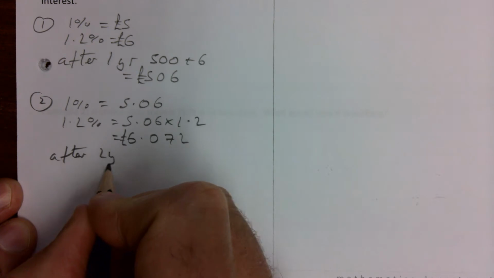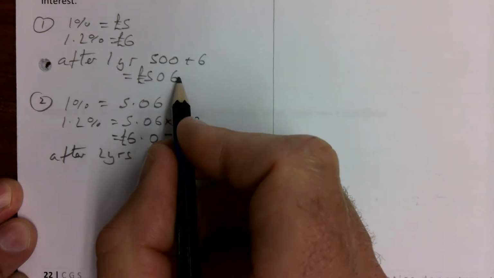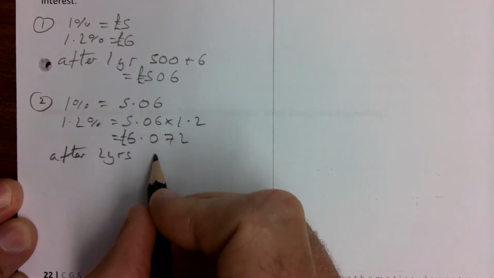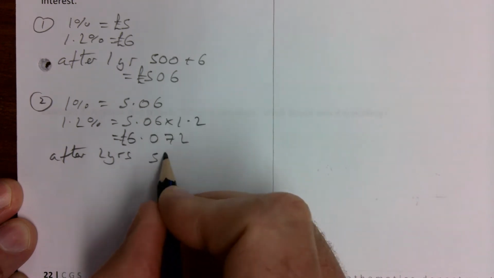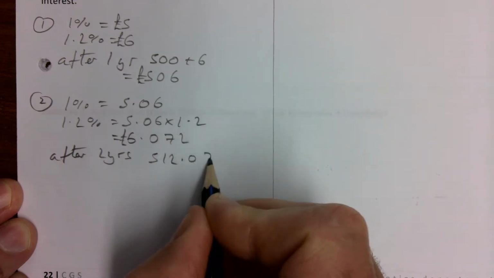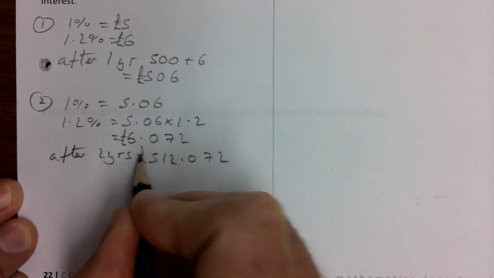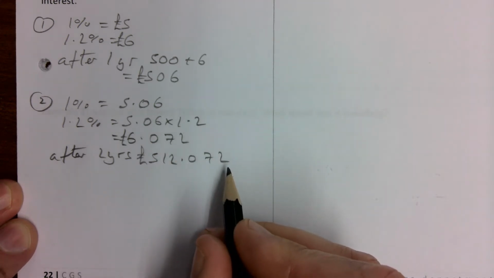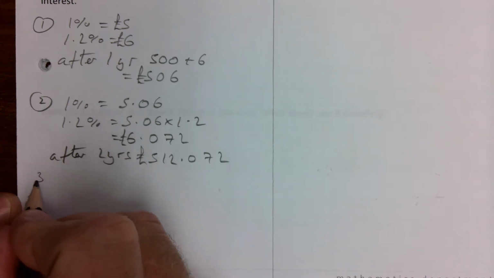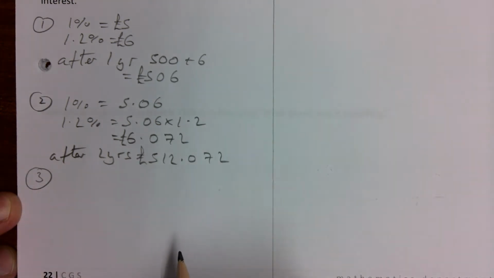Therefore, after 2 years, we're going to have 506 plus 6.072, which is 512.072. The numbers are getting awkward, but it's good to keep this number in your calculator. It'll keep things more accurate, and then we can round it to the nearest pence at the end.